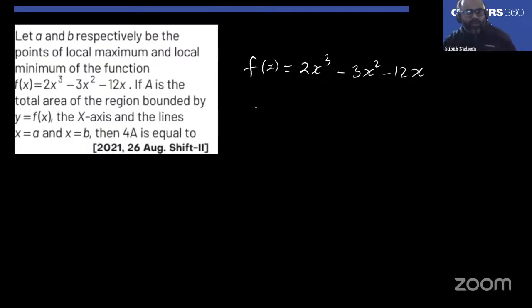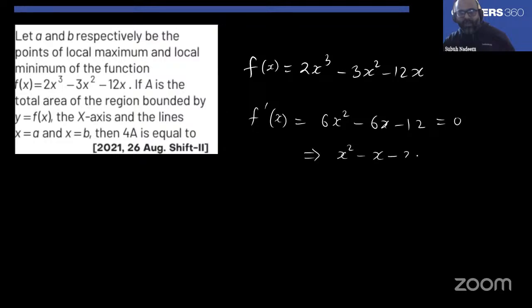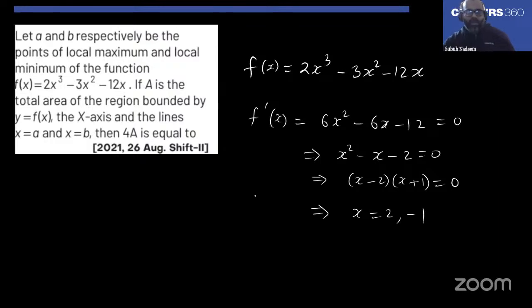So what we do here, we differentiate it and we get 6x square minus 6x minus 12. We equate it to 0. So we get x square minus x minus 2 equal to 0. This will give you x minus 2 into x plus 1 is equal to 0. So x is equal to 2 comma minus 1. Now if we differentiate this again, f double dash x will be 12x minus 6.